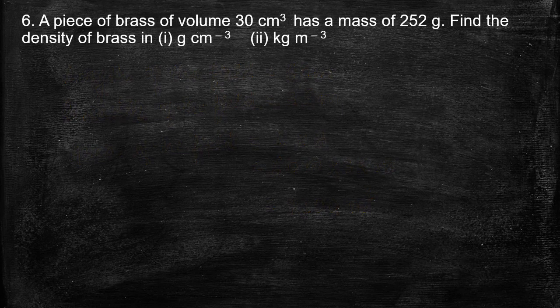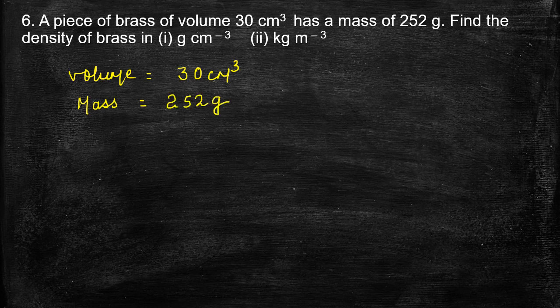Next question is a piece of brass of volume 30 centimeter cube has a mass of 252 gram. So here it is given to us that volume is equals to 30 centimeter cube and mass is 252 gram.